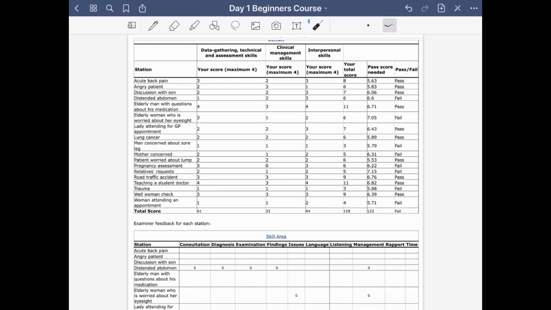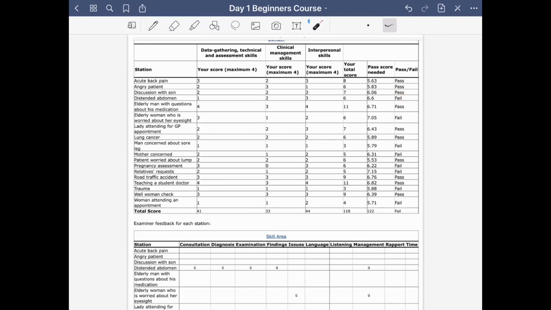Now let's move into the fourth station, distended abdomen. He scored 1 out of 4 in data gathering, technical and assessment skill, 2 out of 4 in clinical management skill, and 3 out of 4 in IPS. Therefore, his total score was 6. The pass score needed was 6.6, and that's why he failed this station.